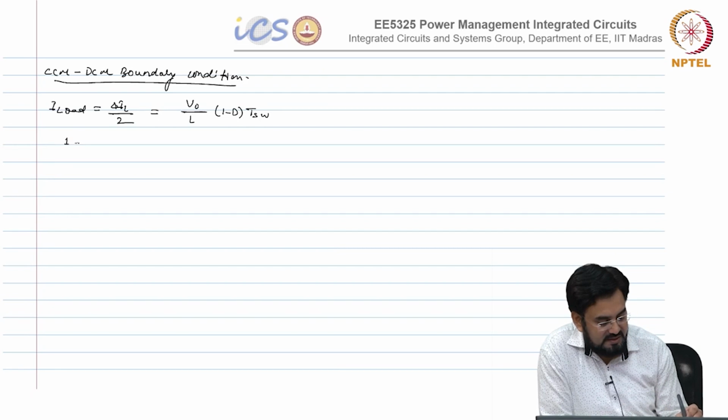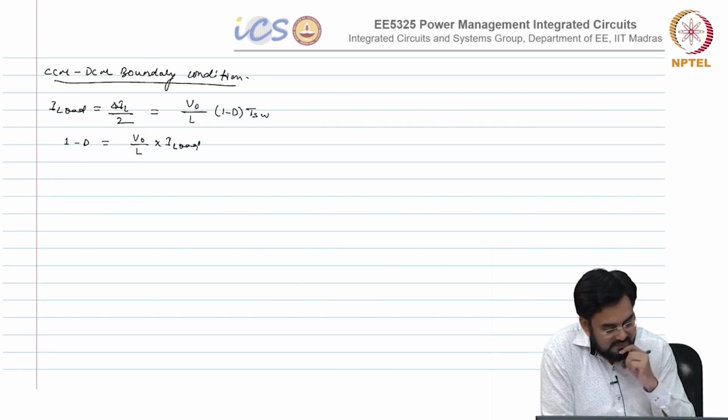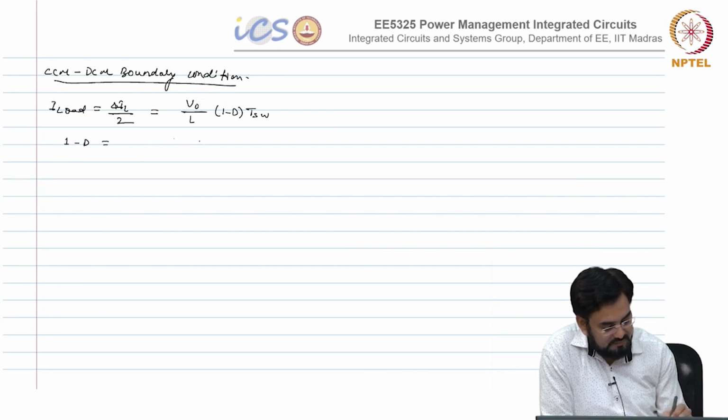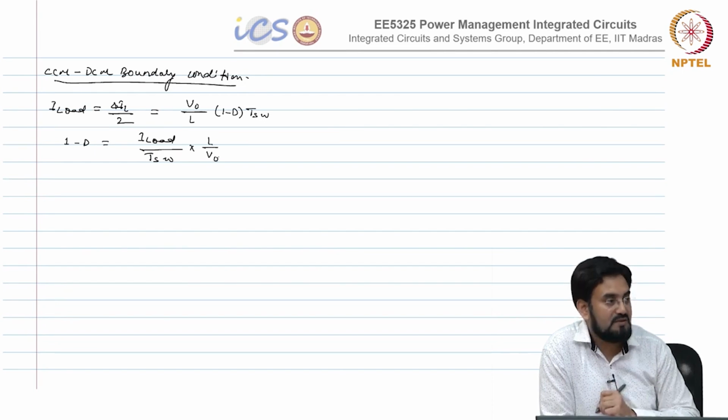So, what is 1 minus D? 1 minus D is I load over L into, sorry, I load over TSW into L over V out, correct.